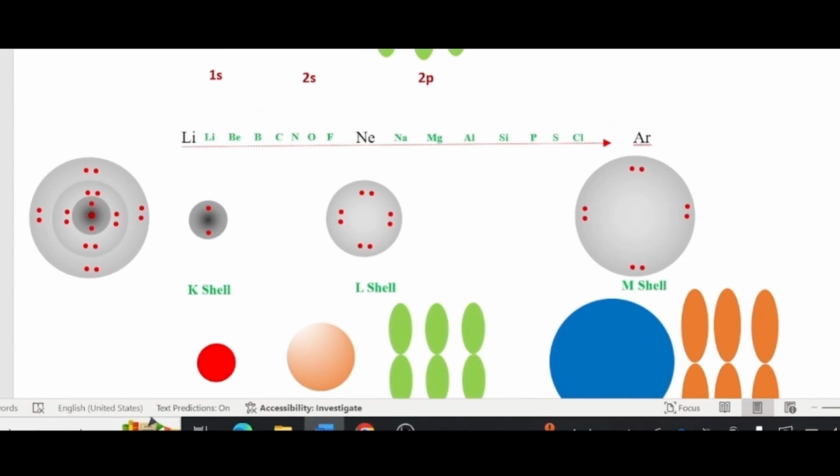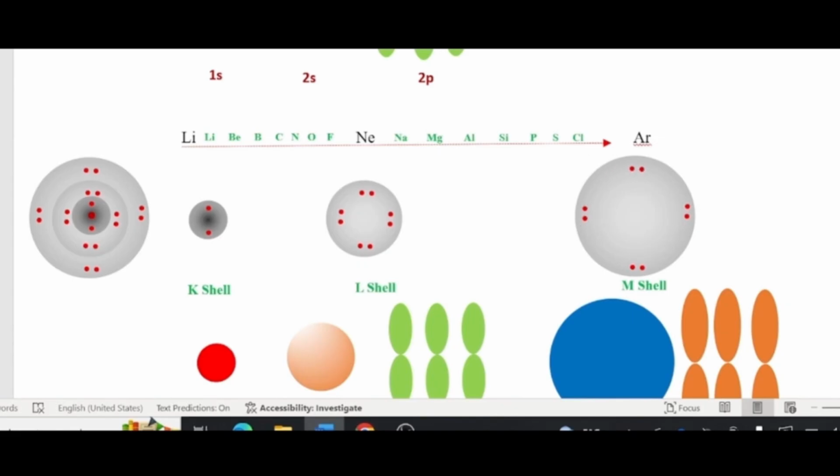Argon here will have everything that helium had, everything that neon had, and it will have 8 more electrons outside there. Any element that has more electrons than neon, say sodium, for example, sodium has 11 electrons. The 2 will come in this one, 8 here, and 1 will go in this other shell here.